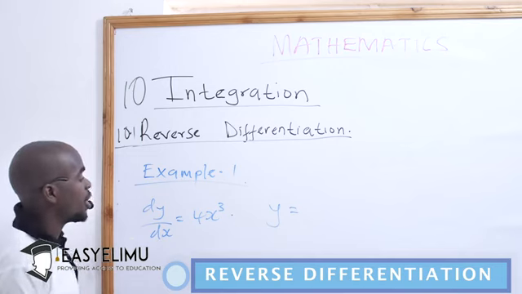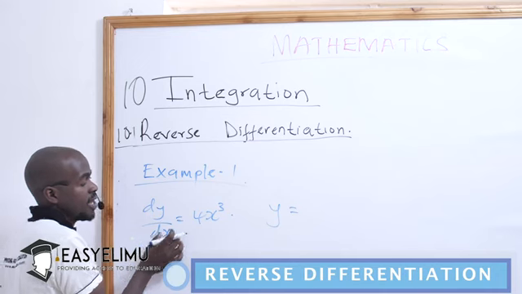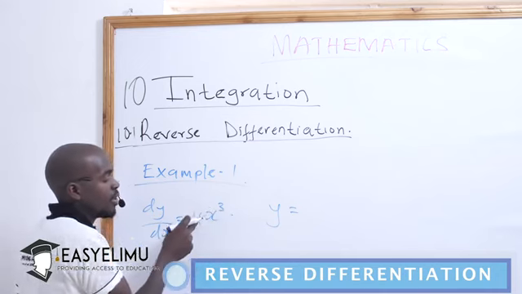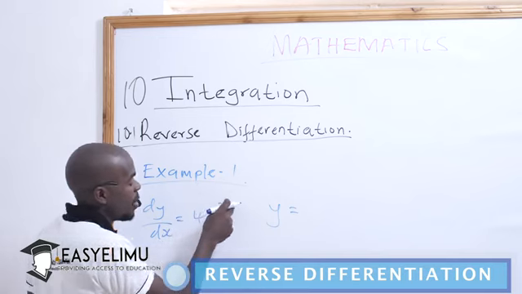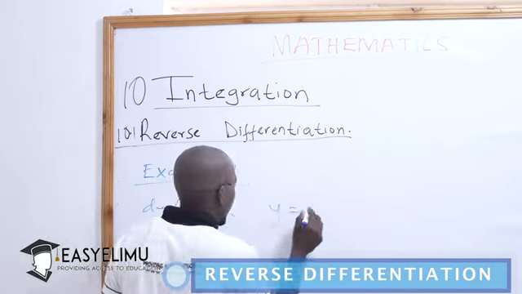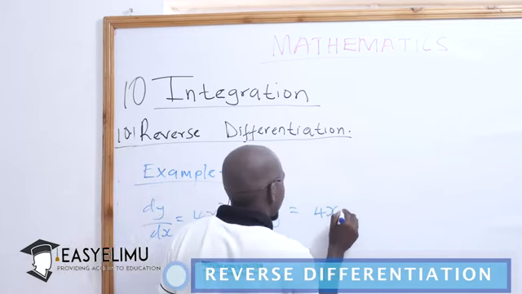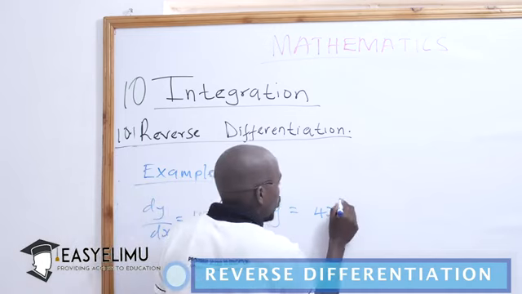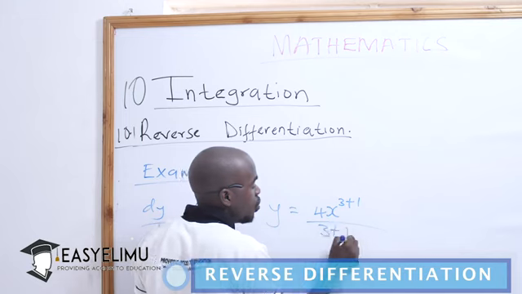In differentiation, if you want to find dy dx, you take the power and multiply, and then subtract 1 from the power. But here, you take the function as it is, which is 4x, but to the power you add 1, so you take 3 plus 1, then you divide by the new power.